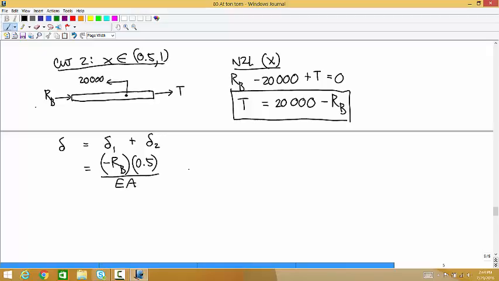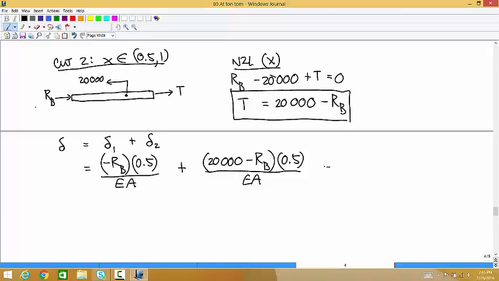And the elongation for the second piece is 20,000 minus RB times 0.5 divided by EA. And what we know, because of the attachment to the floor and the ceiling, is that these have to sum to 0.